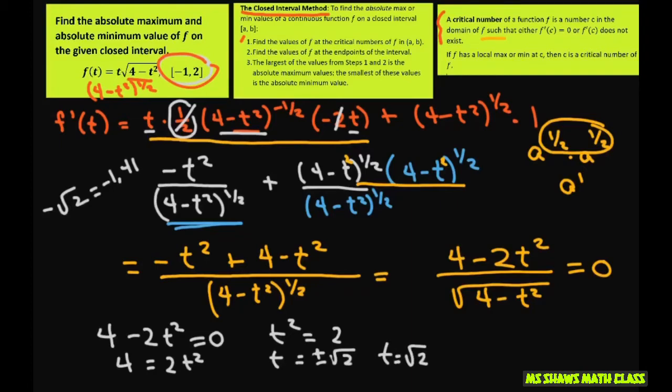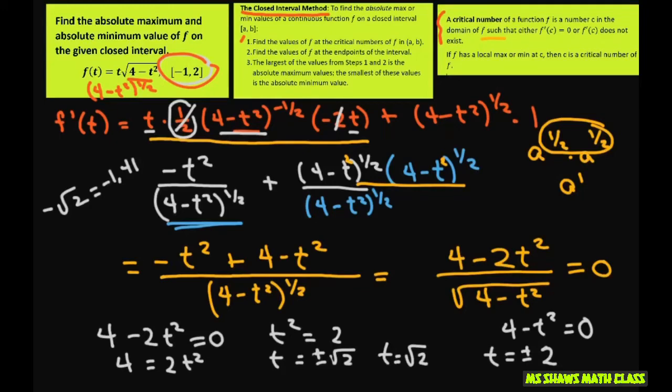Now for the denominator, we can't have the denominator be 0. If 4 minus t squared equals 0, then f prime does not exist. We have t equals plus or minus 2 here.